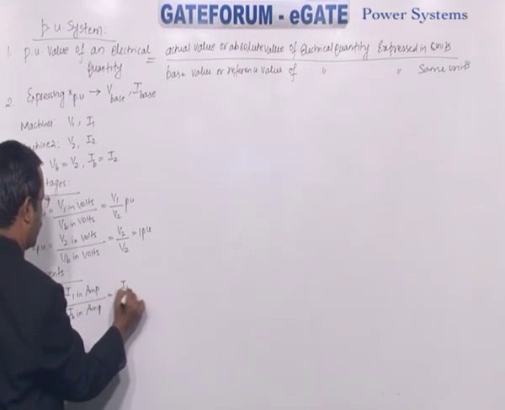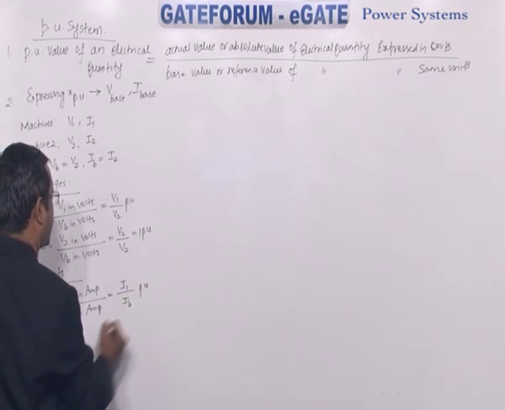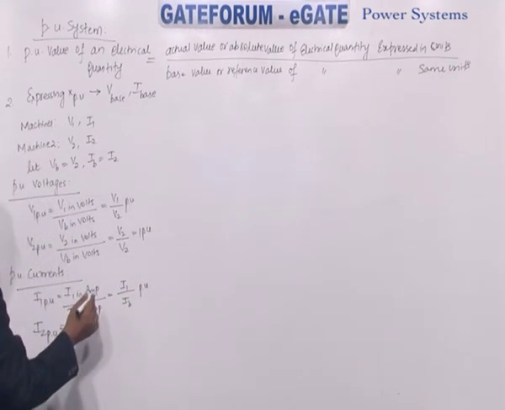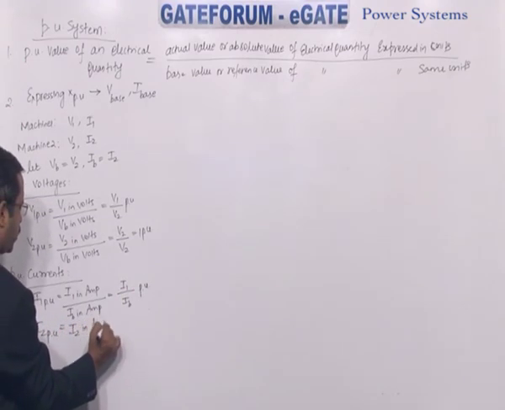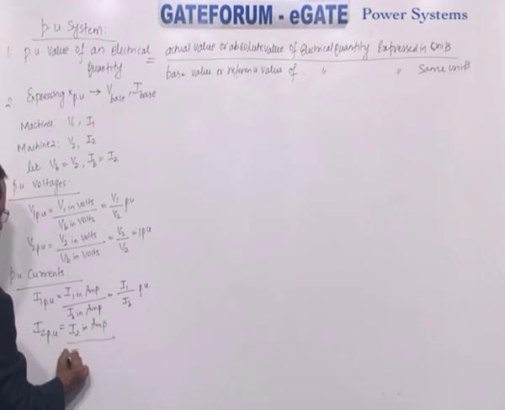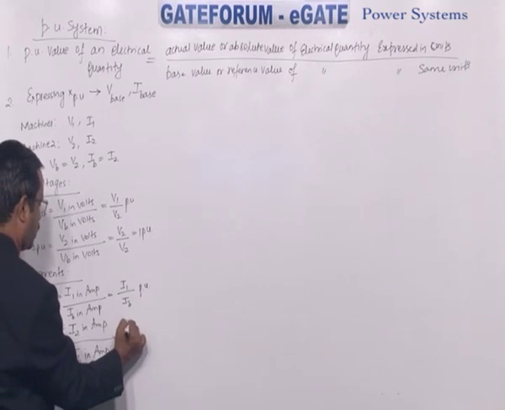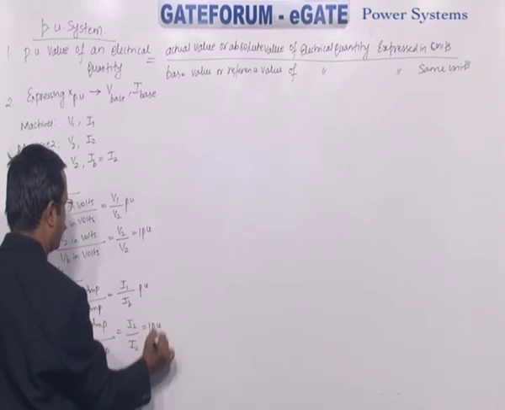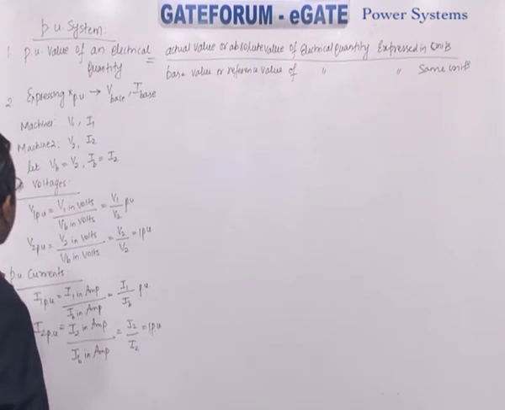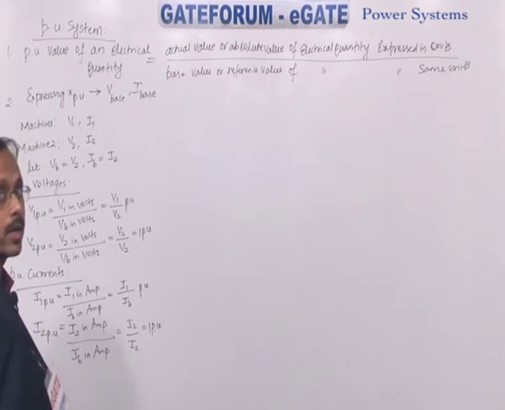Actual value of I1 measured in amperes by the base current in amperes, I1 by I2. How to write I2 per unit? Actual value of I2 in amperes by the base current in amperes. So I2 by I2 is 1 per unit. So these are the per unit voltages and per unit currents.